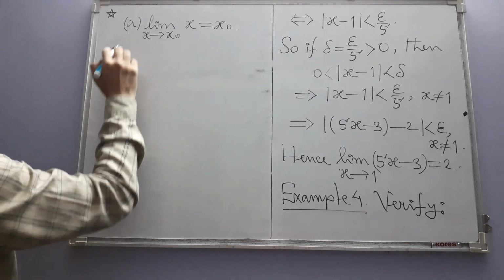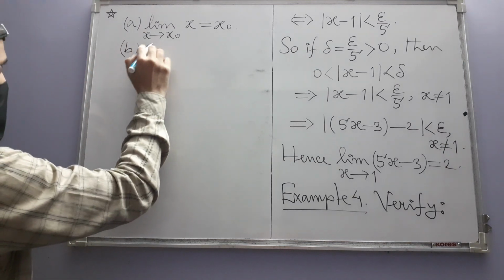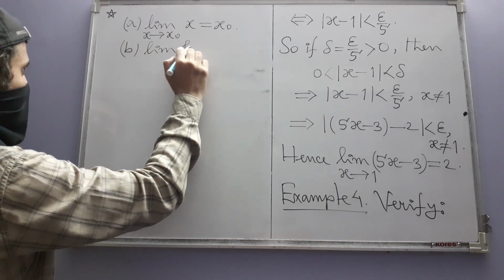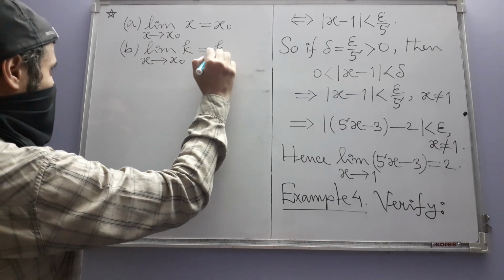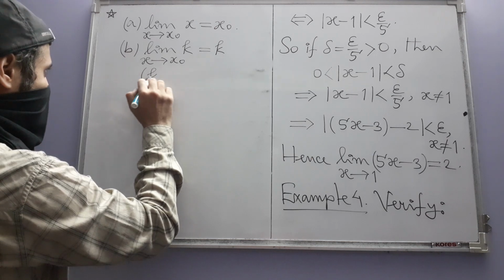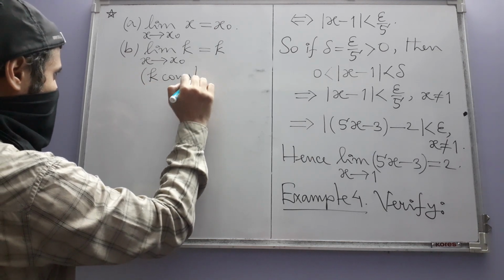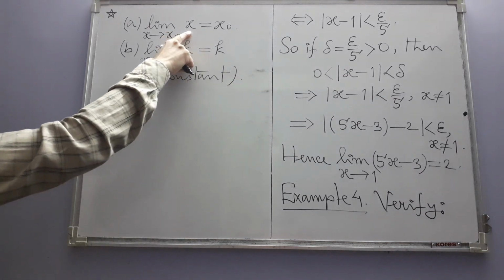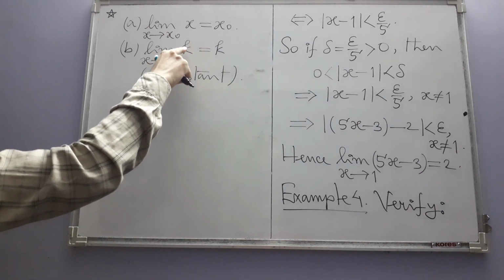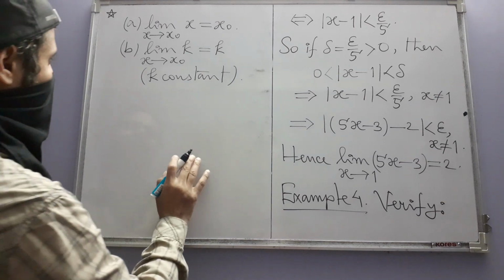X naught is some real number, and the second one, where K is some constant. Again, that means it's some real number. So the first function here is the identity function and the second function is some constant function.